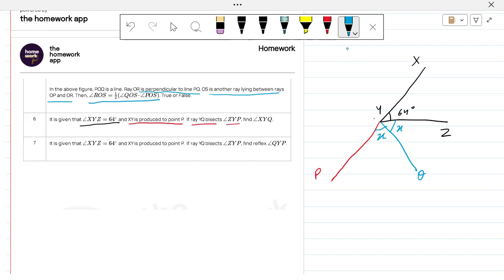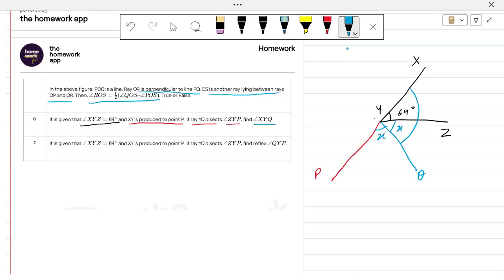And what do you need to find out? You need to find the value of angle XYQ. What is angle XYQ? This is angle XYQ. How will you solve that? You know that XYP is a straight line, so this will form a linear pair.